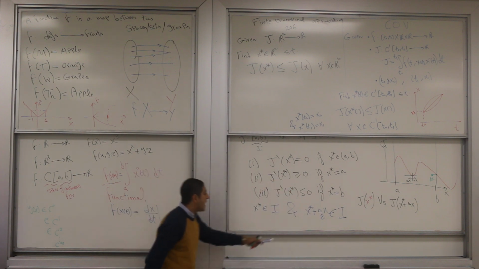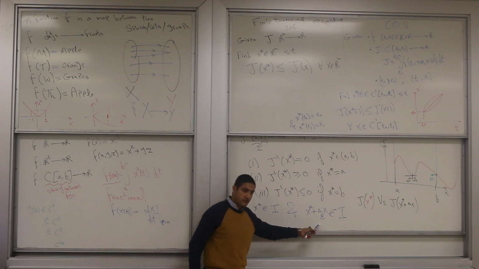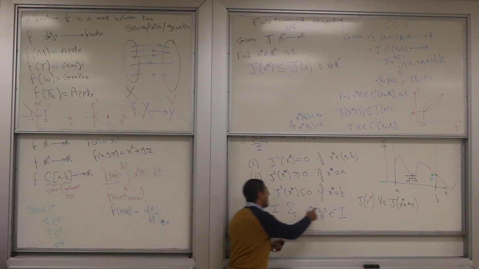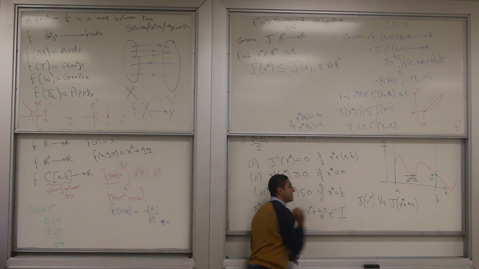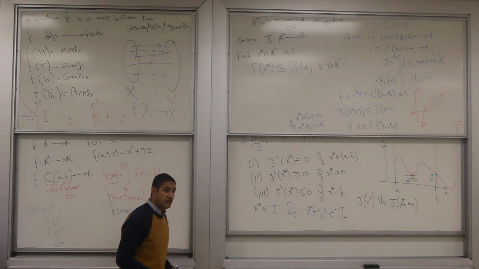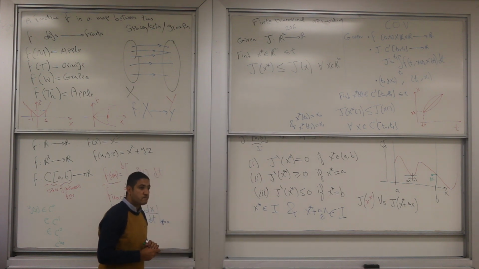This is what we call admissible perturbation. Your perturbation has to be admissible. What do you mean? After the perturbation, we have to be back in the domain. Otherwise, you're comparing with something that is not feasible. It's an unfair comparison, right?